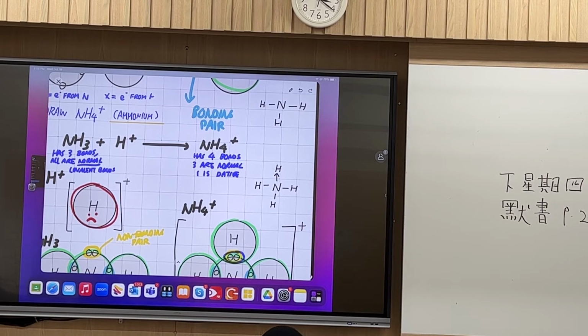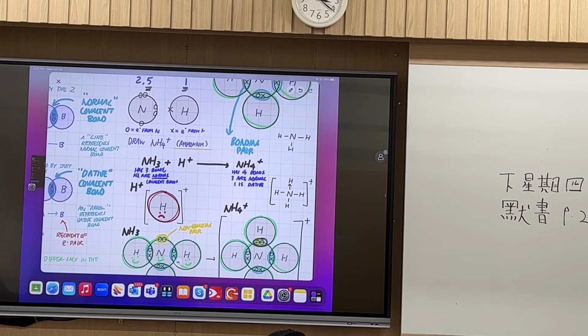Okay? And don't forget a bracket. I still see that some of you forgot to put a bracket when you figure out the charge. Ions are charged. You have to put a bracket and a charge. Okay? Is that clear?